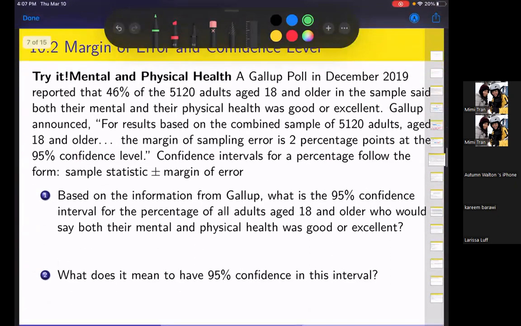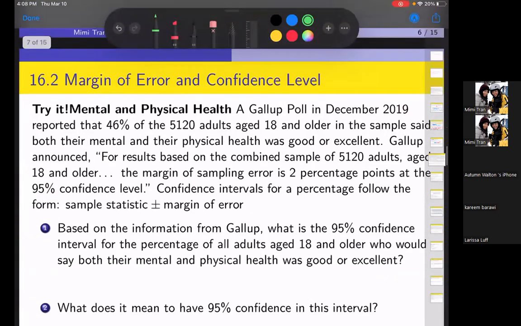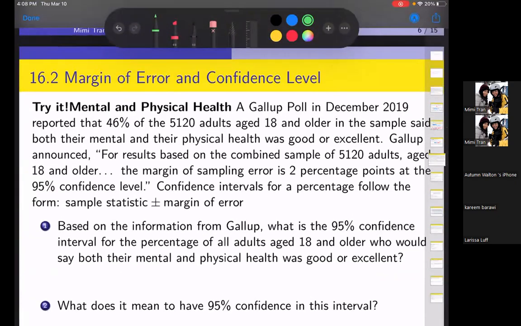So this problem, let's do it real quick, because I want to jump to the next one. Mental, physical health. Actually, I want you guys to compute it and then maybe put it in the chat for me privately.